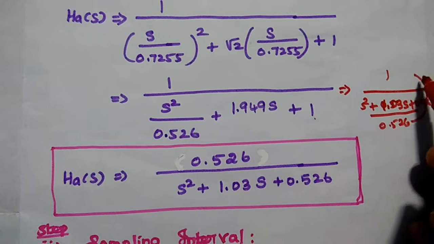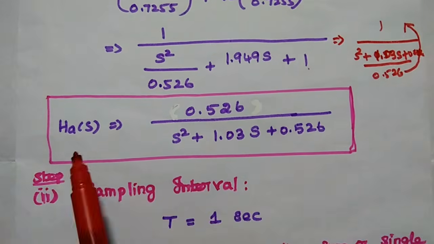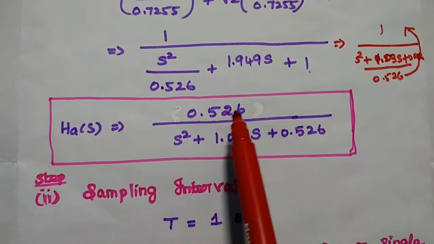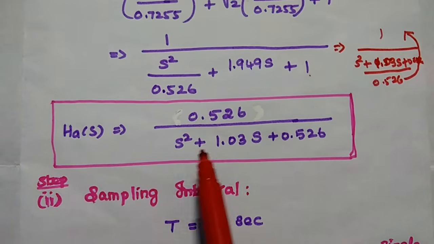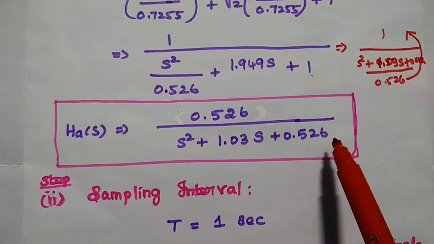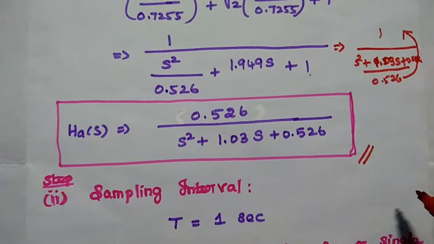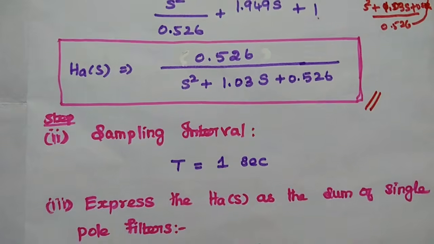Then this 0.526 goes to the numerator. So H A of s is equal to 0.526 divided by s squared plus 1.03 s plus 0.526. So the first step of the impulse invariance method is done.